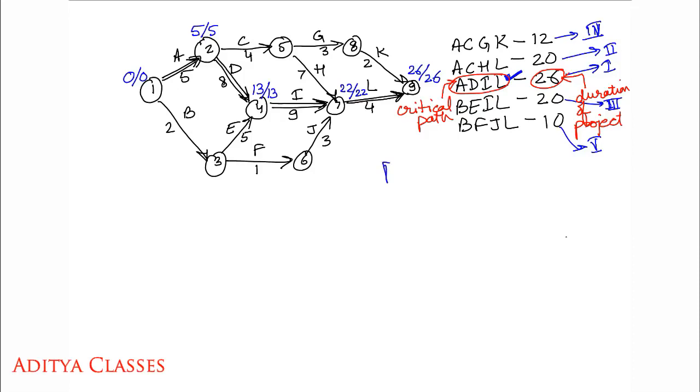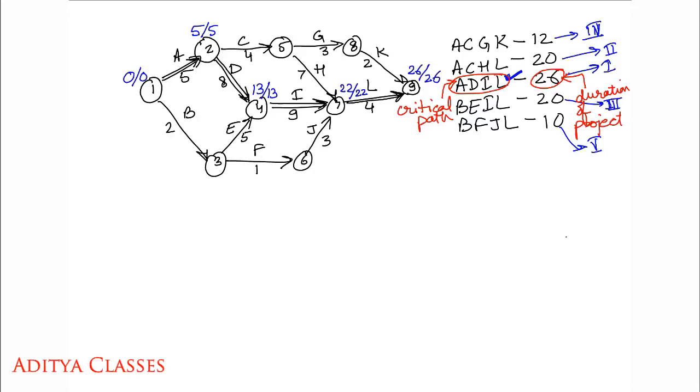So the first number is for the forward pass, and the second one is for the backward pass. Right now we are making only a forward pass, so I'll be looking at this 0 and this 5. I will never be looking at the other 0 and 5 during a forward pass. We'll learn it with time.